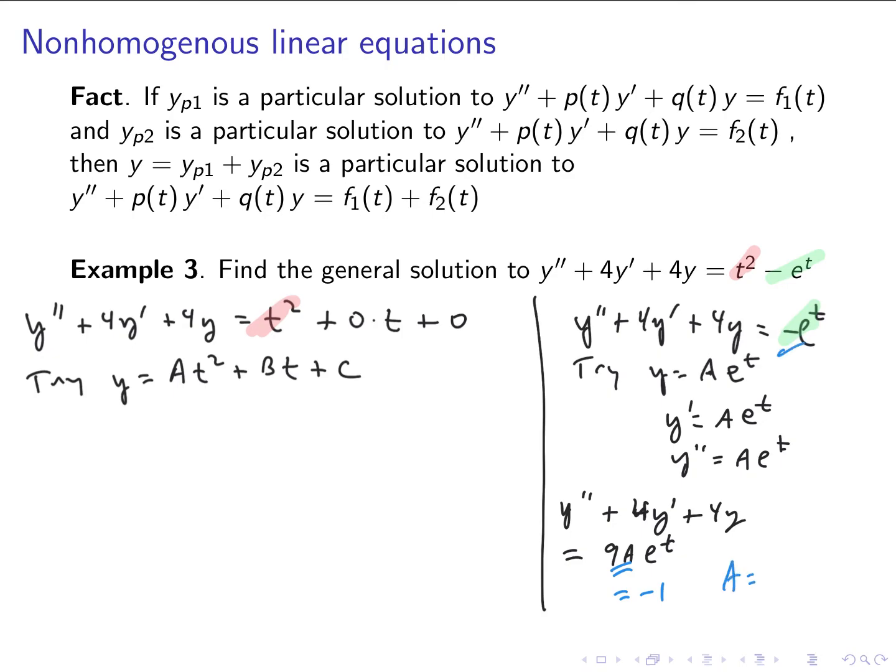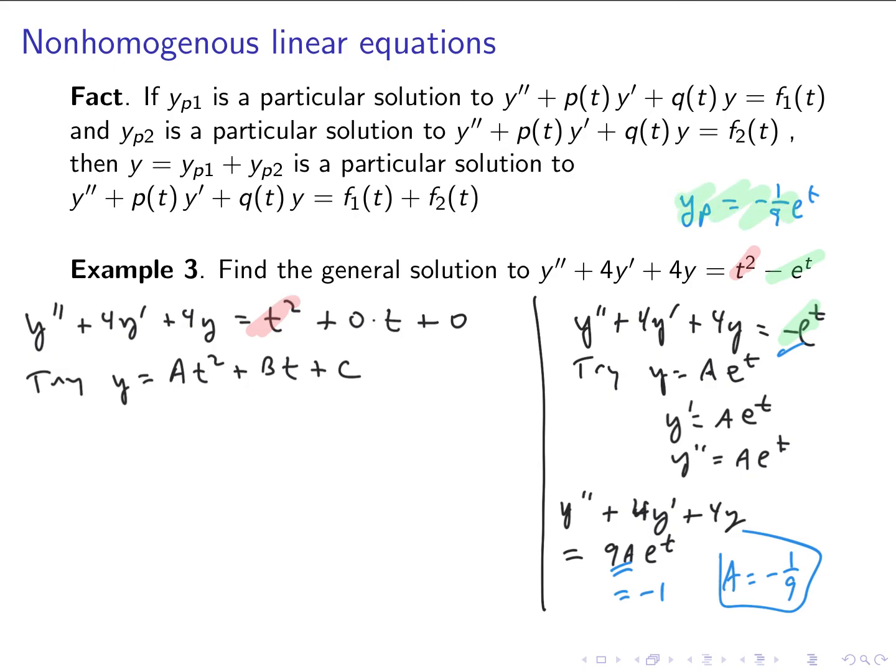And so a should be -1/9. So the particular solution that makes the right-hand side work is -1/9 e to the t. So that'll make the green part work out.